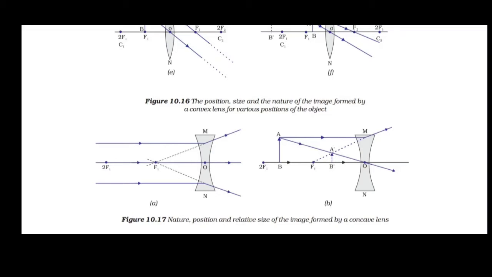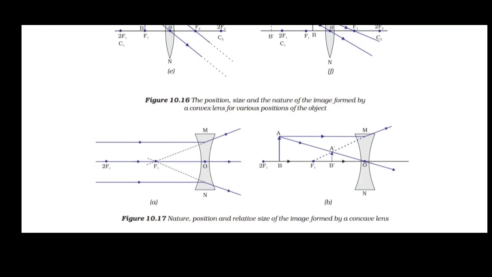The intersection point is at A dash and B dash, which is the position of the image. From this, we can say that we get a virtual and erect image, and it is diminished. So this is the image formation in a concave lens and a convex lens.